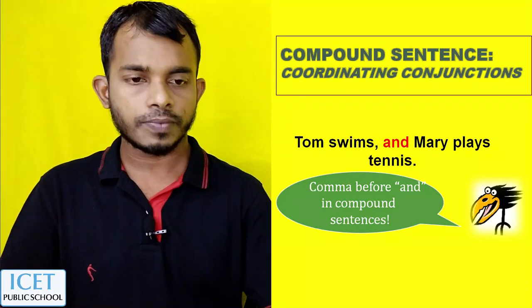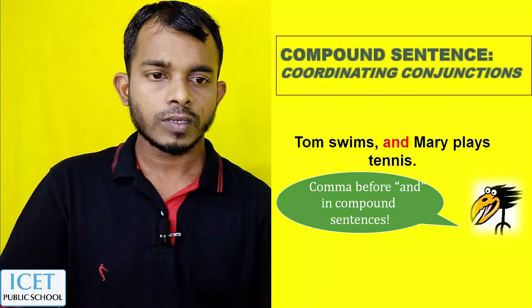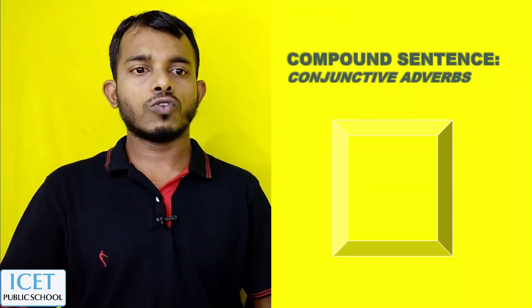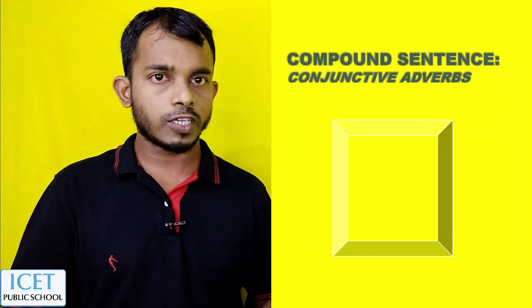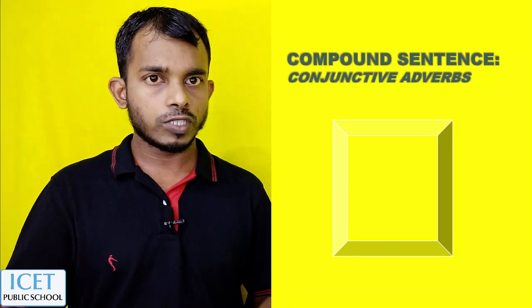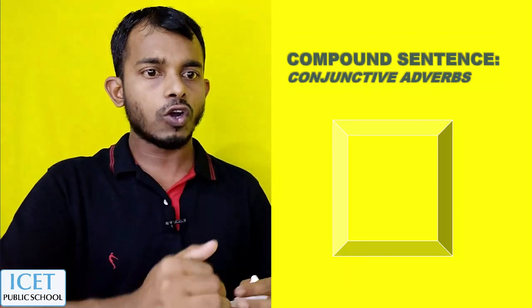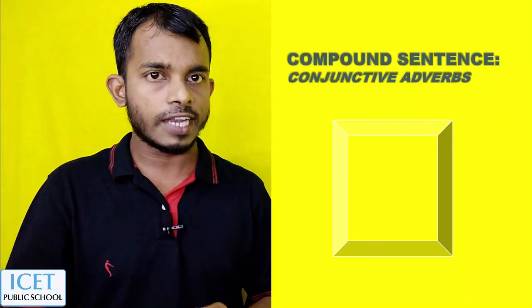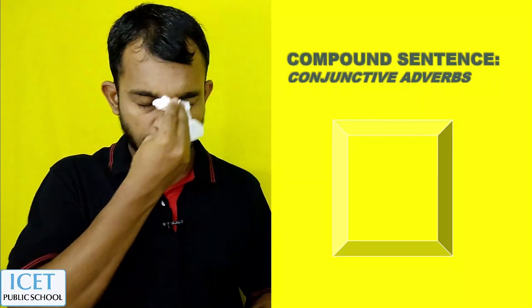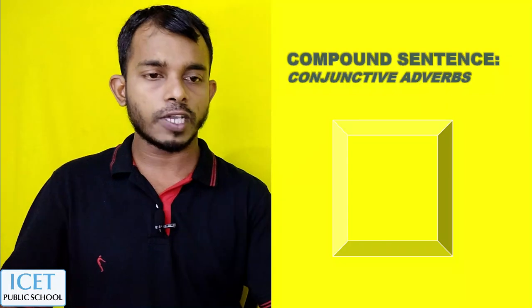Okay. Now, compound sentences with conjunctive adverbs. We said that we can make a compound sentence using a coordinating conjunction or a conjunctive adverb. So what are conjunctive adverbs? I will tell you one by one.